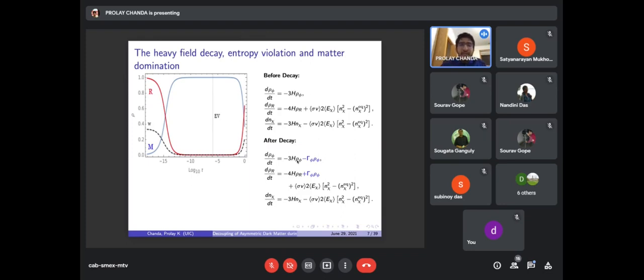What happens, you can see in the figure: this is the radiation, it starts from here, and here is the phi field. Initially, the energy density of the phi field is less than radiation, so we can take the factor to be 10 to the minus 2.